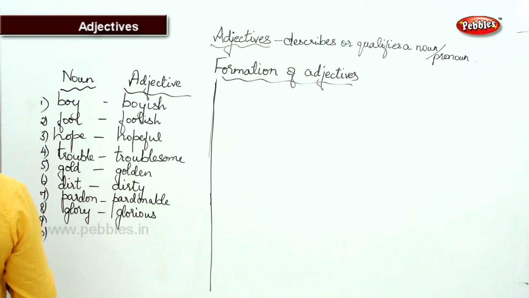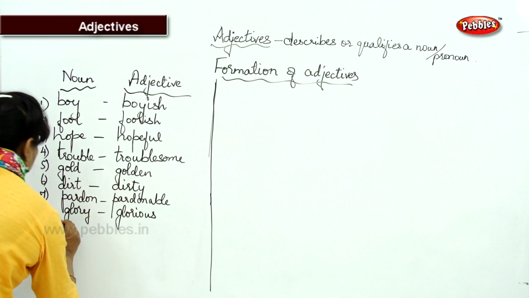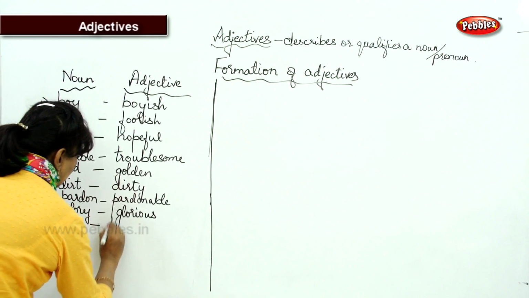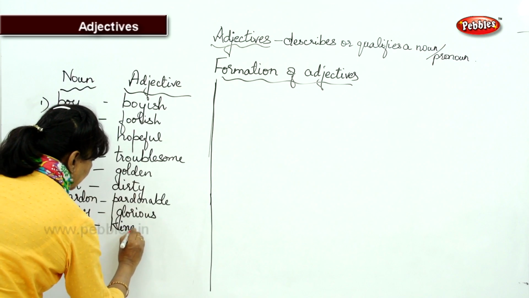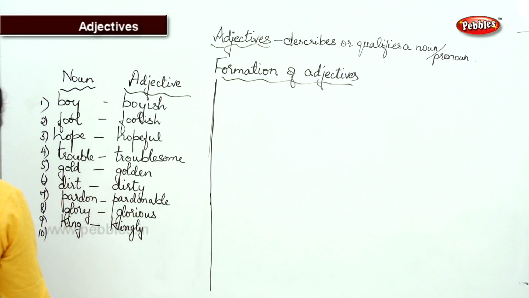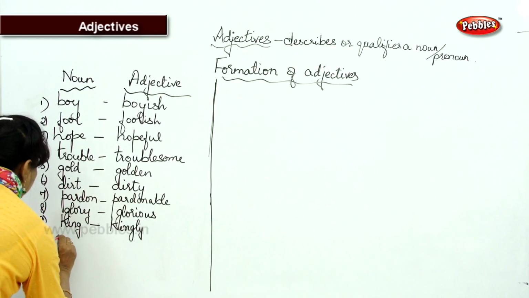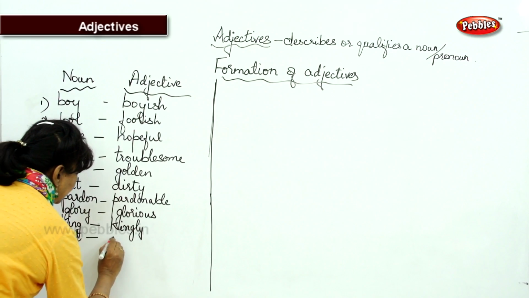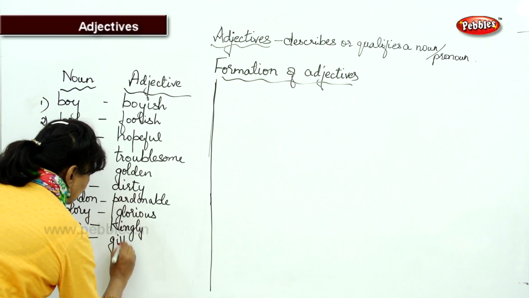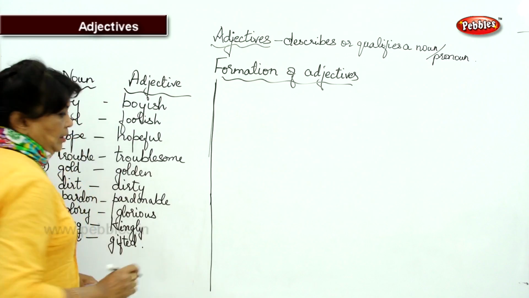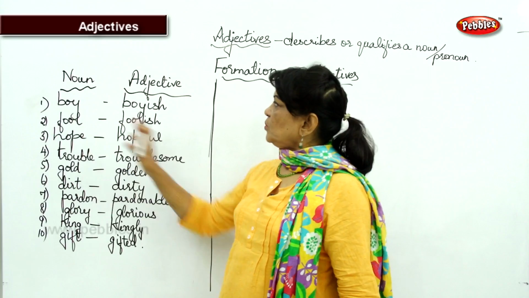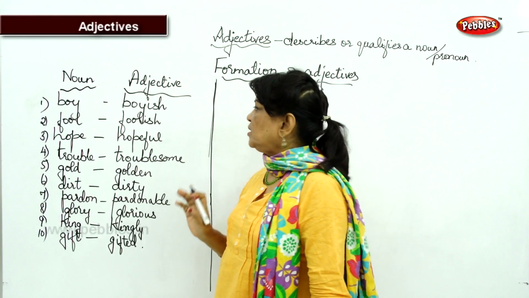Next word, king. Kingly. And gift, gifted. Now I have given you 10 words which are nouns which can be converted into adjectives.